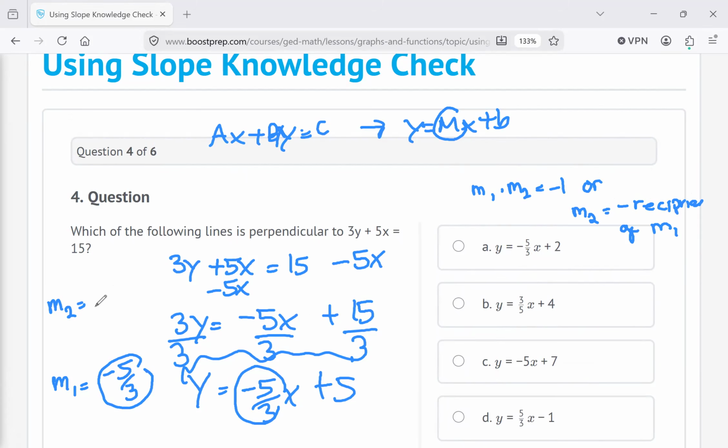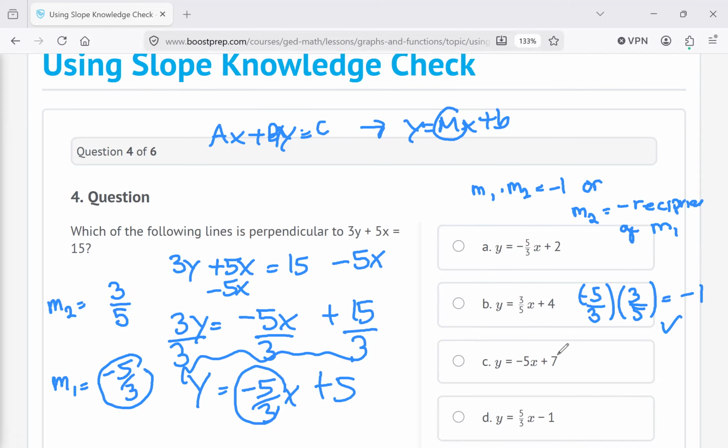The negative makes it positive, and then flip it: the reciprocal of 5/3 is 3/5. If you want to check it, just multiply -5/3 times 3/5, and you do get a product of -1.